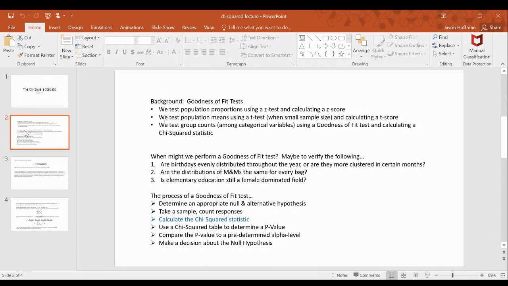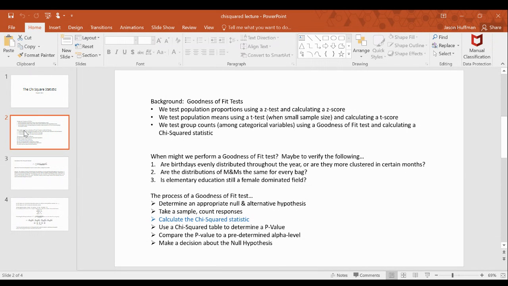Separately from that, we note that proportions and means, those two hypothesis tests, come from data that is quantitative. But as we get into data that is categorical, we can test that type of data using counts. We can take counts of categorical responses, like the number of males in a group, the number of females in a group.